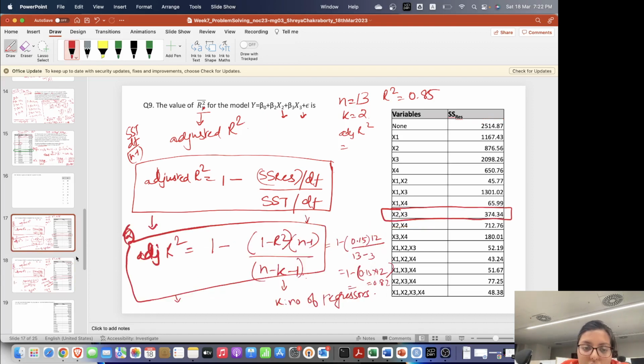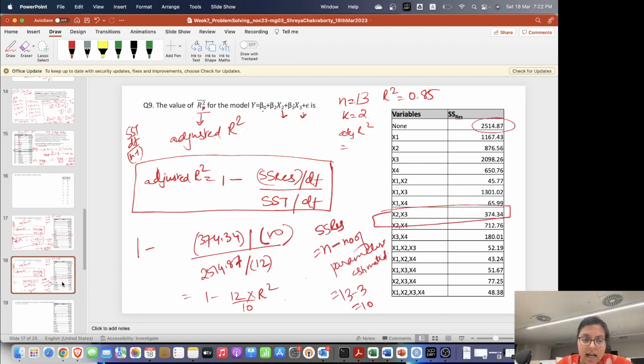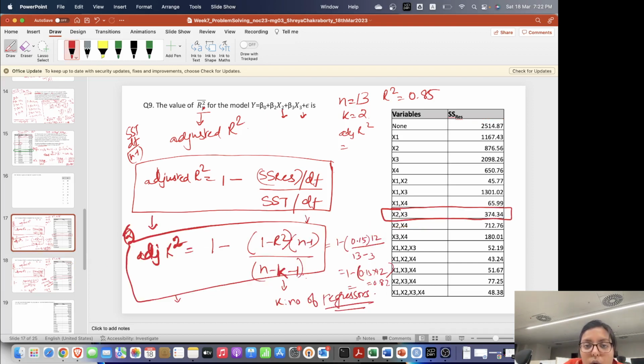We just have to ensure that when I am writing this formula, k is the number of regressors, and when I am writing the other one, the degrees of freedom is n minus the total number of parameters estimated. Here we had 2 regressors and one intercept term, which was accounted for by this one.